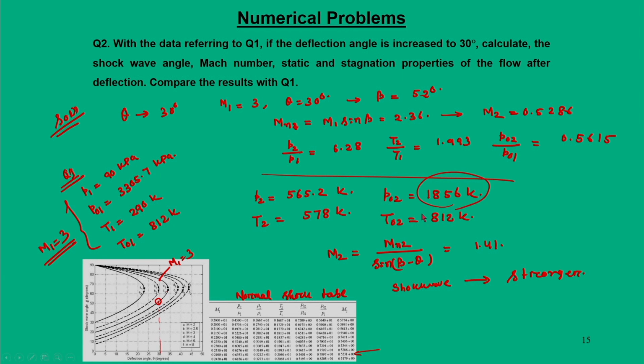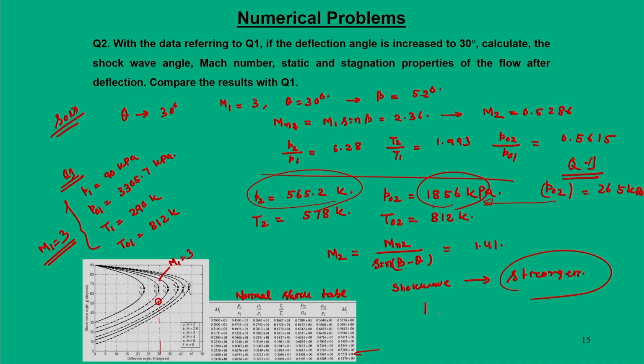In the earlier case this P naught 2 was 2657 kPa, with respect to question 1, and in this case P naught 2 is 1856 kPa. So, the stagnation pressure drops to a large value. So, this shock becomes stronger, and static pressure is also higher than the previous one.